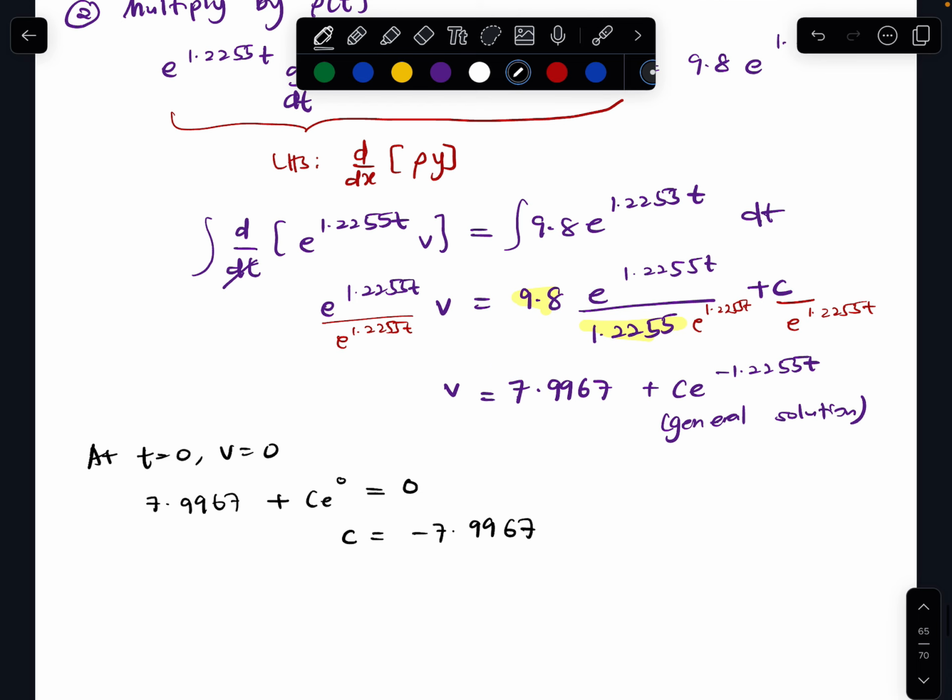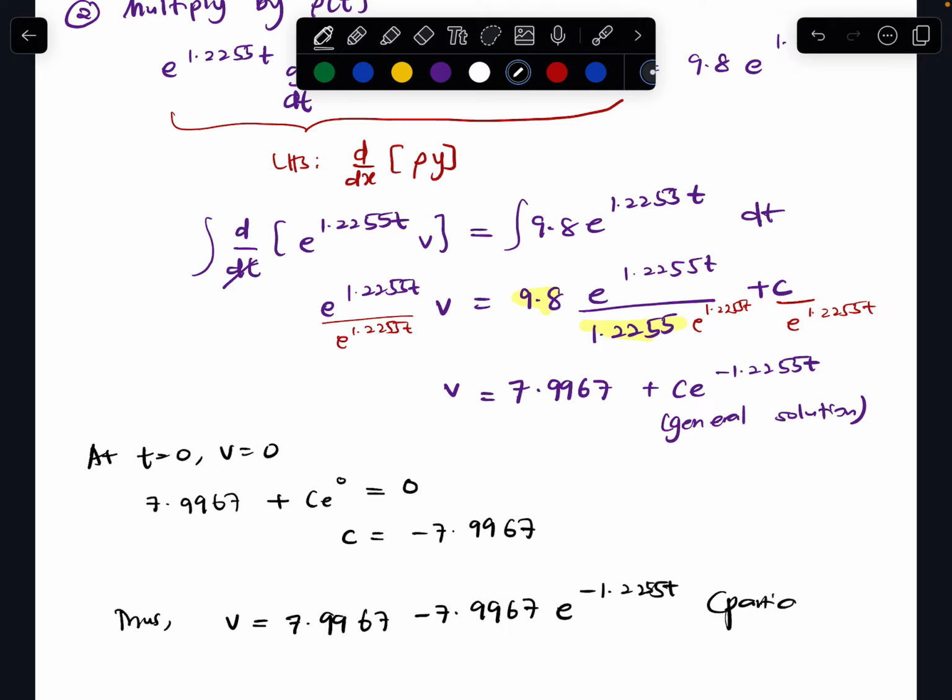Now you can obtain your particular solution by substituting the value of C. Thus your v equal to this one. Okay, so this is the particular solution, the final solution for this problem.